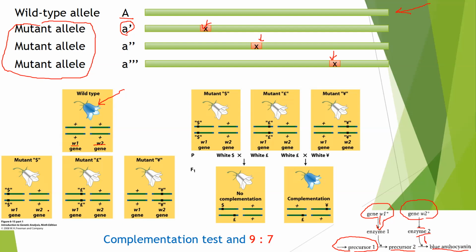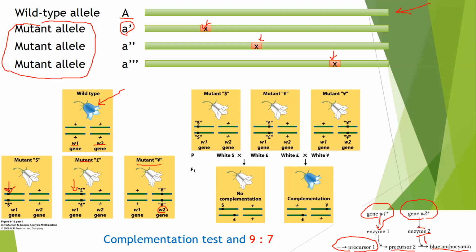All right. If this is a mutant, and this mutation occurs in gene 1, and this mutant, the same, the mutation occurring also in the first gene, the W1 gene, but in a different location, right? But for the third mutant, the mutation actually occurs in gene 2.